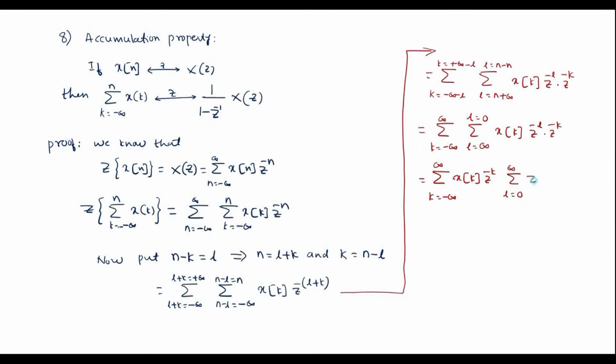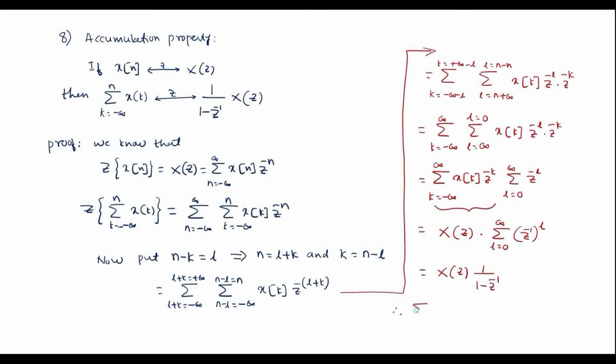Here I can write z power minus L. So this term is nothing but the z transform of discrete signal x of k, that can be represented as x of z dot, summation L equal to 0 to infinity z inverse power L. By the infinite sum formula, I can represent this as 1 upon 1 minus z inverse.